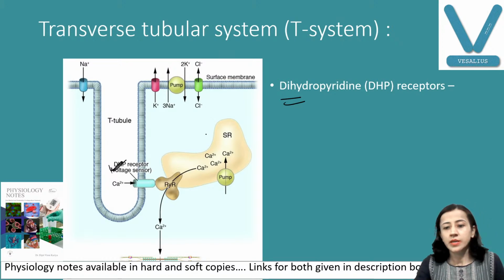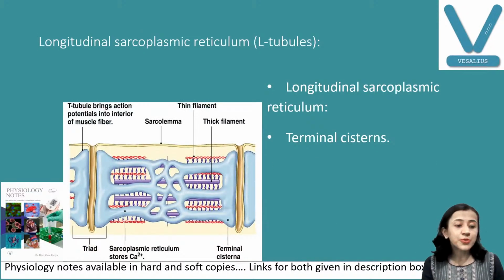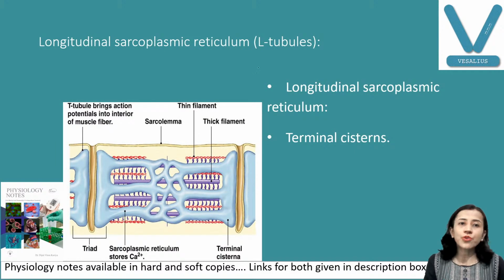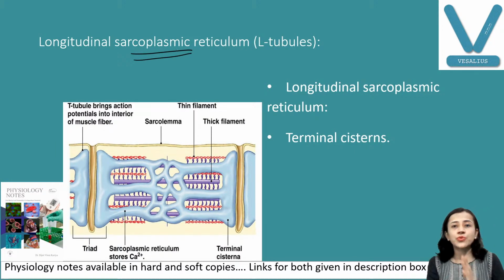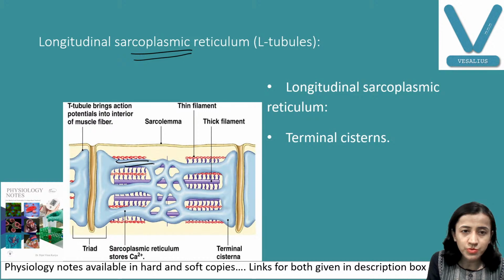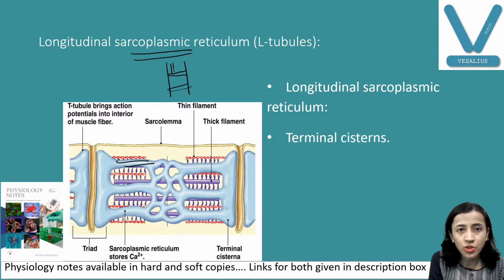Now next is L-tubules. L-tubule is also known as sarcoplasmic reticulum because it is longitudinal, so don't get confused. All these three terms are the same. If you place your muscle cell like this, this is your transverse tubule, and these are your longitudinal tubules or sarcoplasmic reticulum.